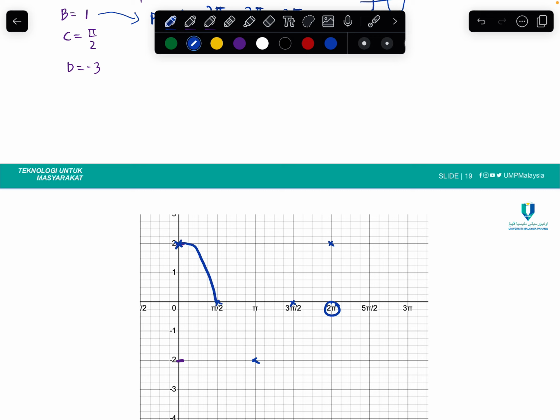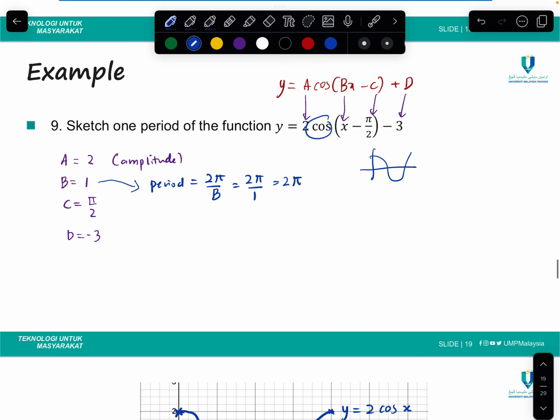So what I draw here, the first step, is the basic function that involves period and amplitude only. So what I draw here is y equal to 2 cos x. Okay, so the first step, we don't draw the whole equation right away.